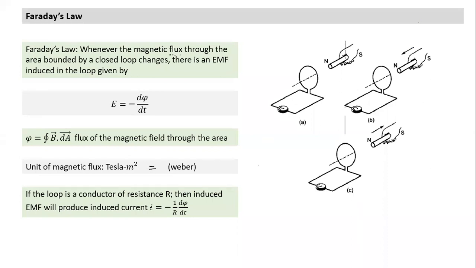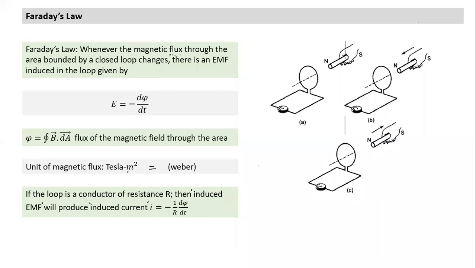And what is the current equal to? Current is EMF by R. So if the loop is a conductor with resistance R and induced EMF is E, current will be equal to E by R. That's what is written here. Then the induced EMF will produce an induced current. So change in flux creates induced EMF, and induced EMF produces induced current.